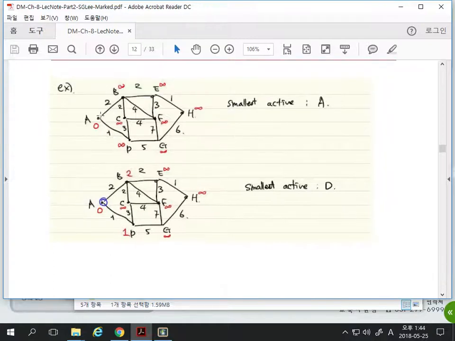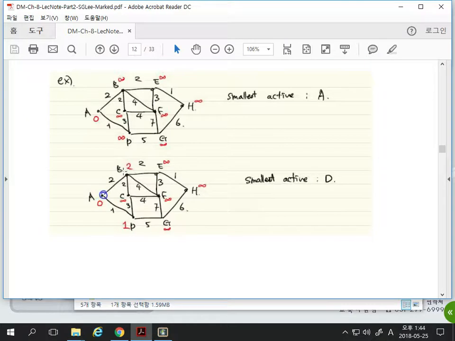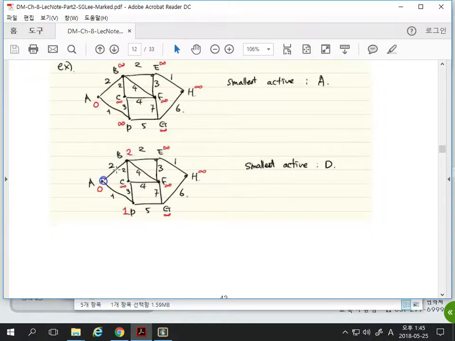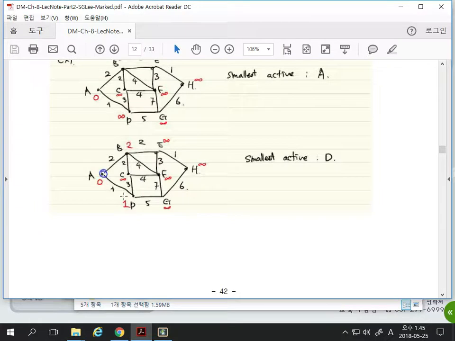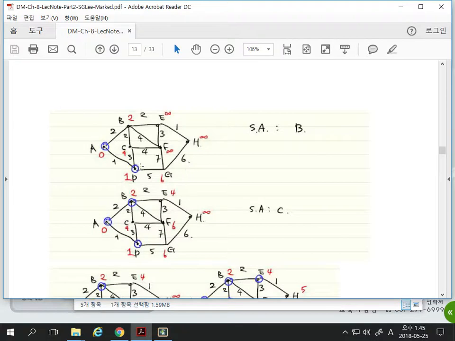For example, you start from here. Then next, you have to choose one of B or D, and you compare. It is 1 and 2, so you choose D as the second one, and then you compare the other vertices nearby.